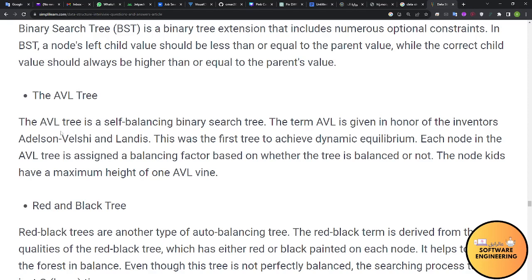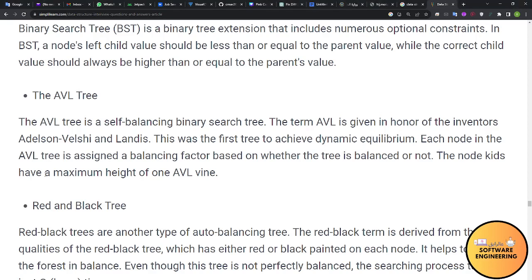ال AVL tree is a self-balancing binary search tree. The term AVL is given in honor of the inventors Adelson-Velsky and Landis. This was the first tree أول tree to achieve dynamic equilibrium، يعني tree بشكل متوازن.